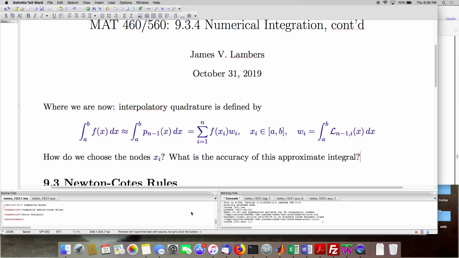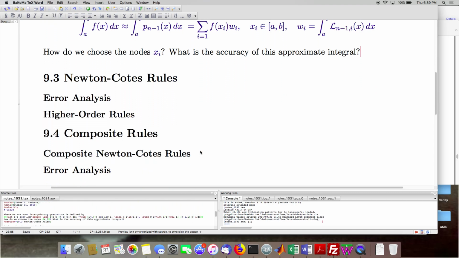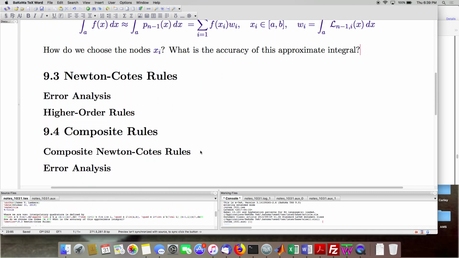The simplest and very widely used approximate integration schemes are called Newton-Cotes rules. And I was interested to find, when I read about these some time ago, that it was primarily Cotes, the lesser known of the two, who really did most of the work in developing them. So it's good that his name got attached.